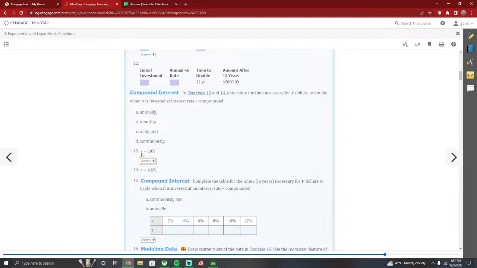Let's just say 2 equals 1 plus 0.10 over, and this is being done monthly, so that's 12, to the 12T power.